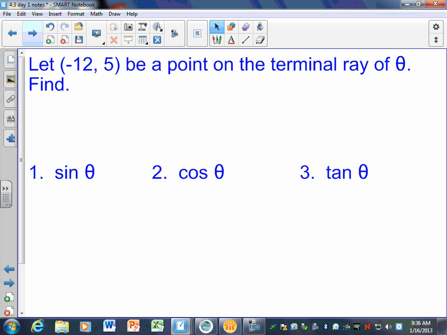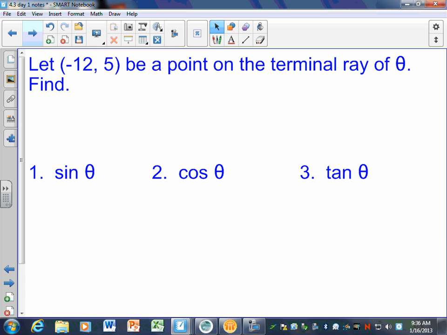And this is what your homework says today. They don't give you a triangle. They give you an ordered pair. It says, let the point negative 12, 5 be a point on the terminal ray of theta. Find the following values. And probably on your homework it says find all 6 values, maybe.